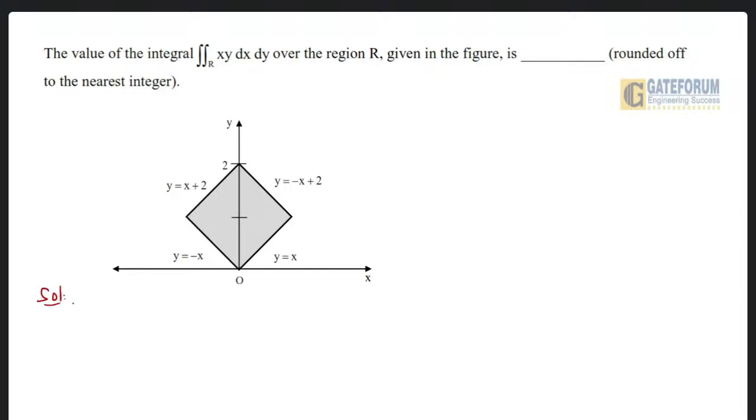Solution. This is O, this is A, this is B. So once again, I am drawing the diagram. This is the X axis, this is the Y axis.